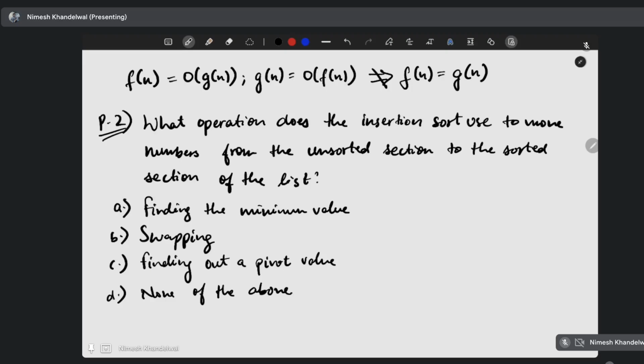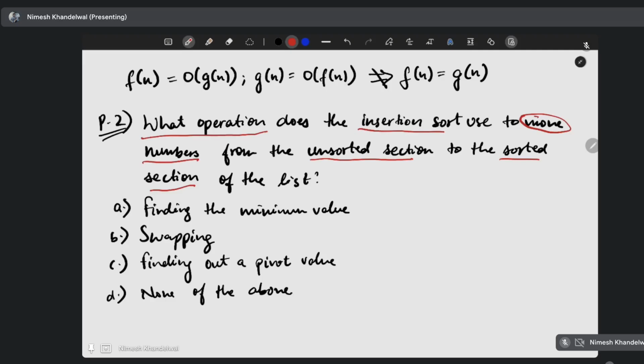So we have to see what the question is saying first. It is asking what operation does the insertion sort use to move numbers from the unsorted section to the sorted section.